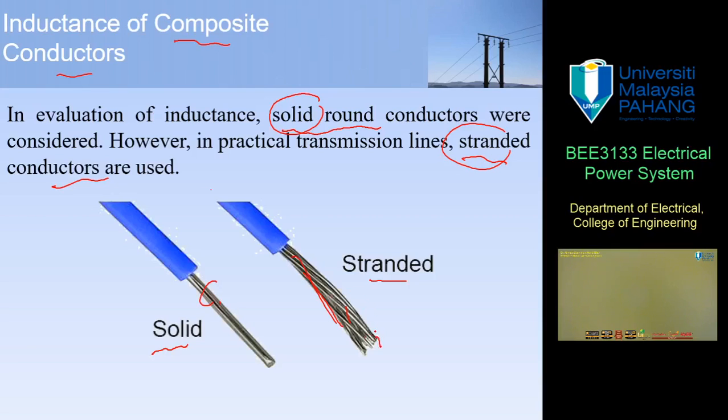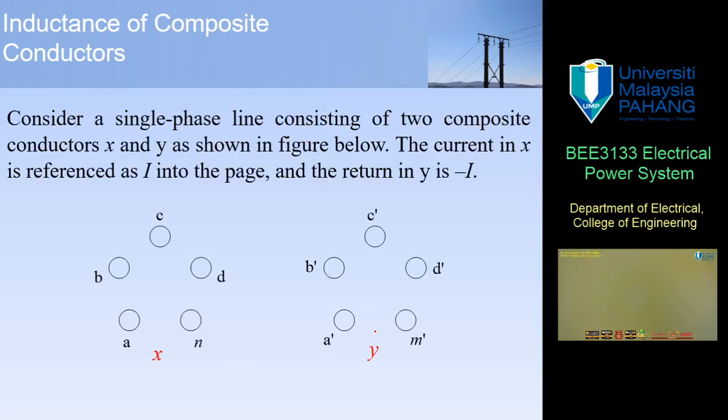So for this case, we are considering a single phase line consisting of two composite conductors, X and Y. The first composite conductor is marked as X, and the second one is marked as Y. The current in X is referenced as I into the page.